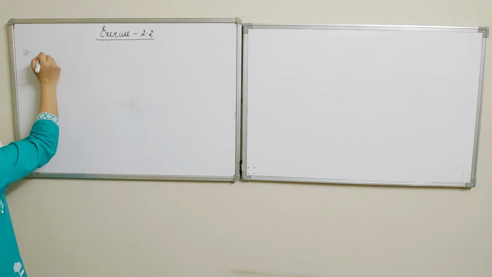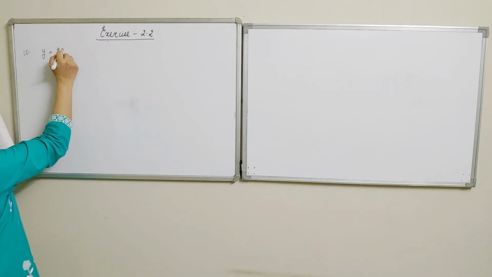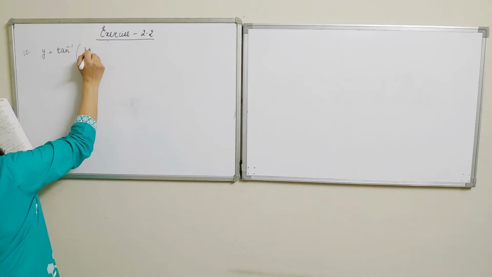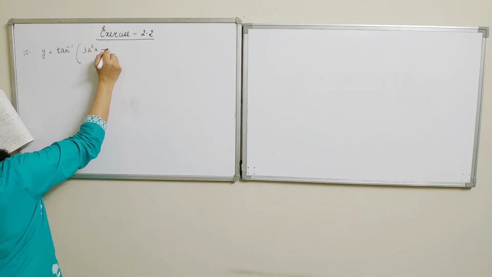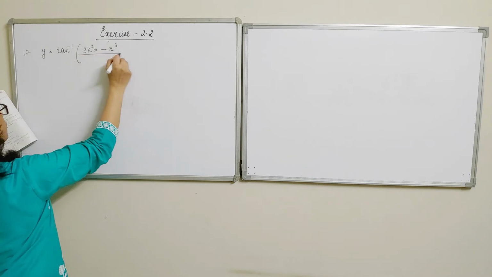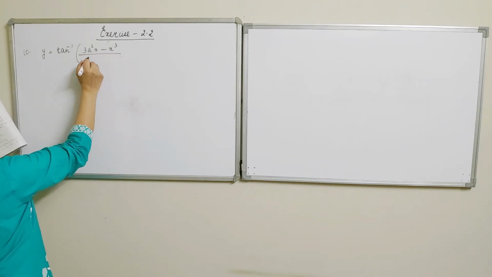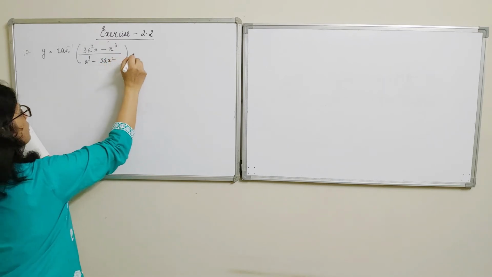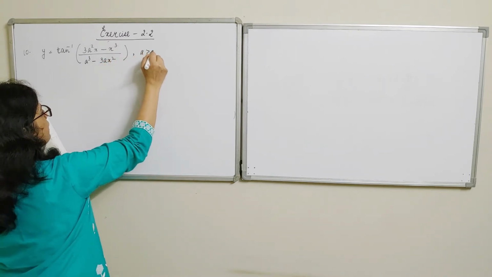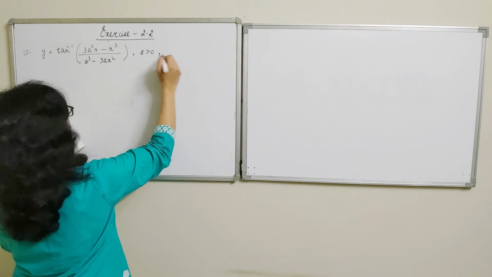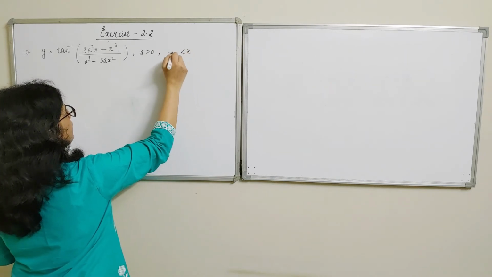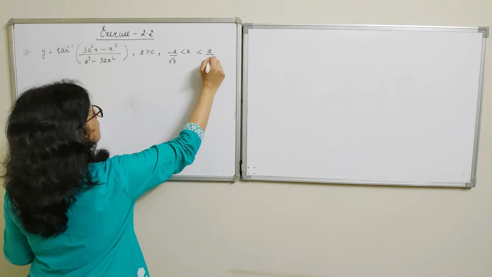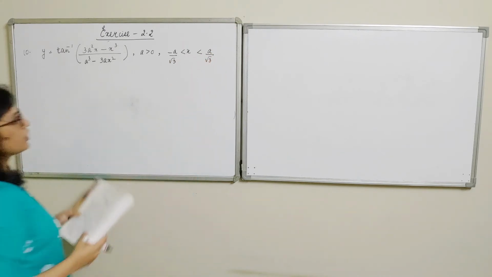So next we are trying 10th question. Y is equal to tan inverse of (3a square x minus x cube) upon (a cube minus 3ax square), where a is greater than 0 and x is greater than minus a by root 3 and less than positive a by root 3.